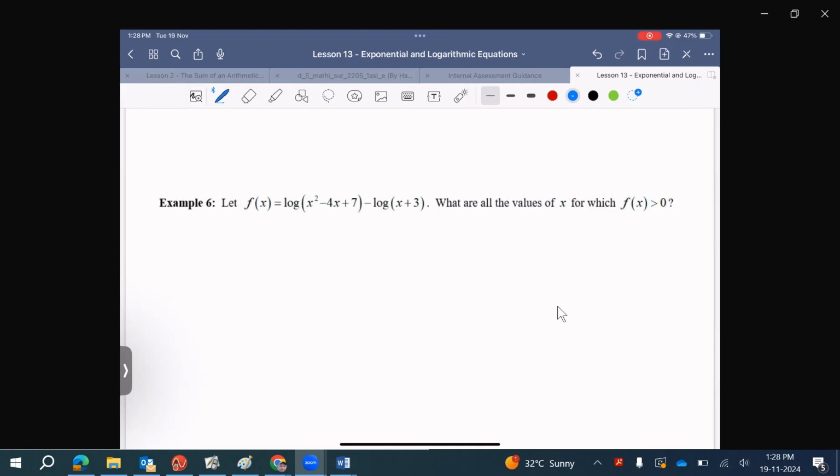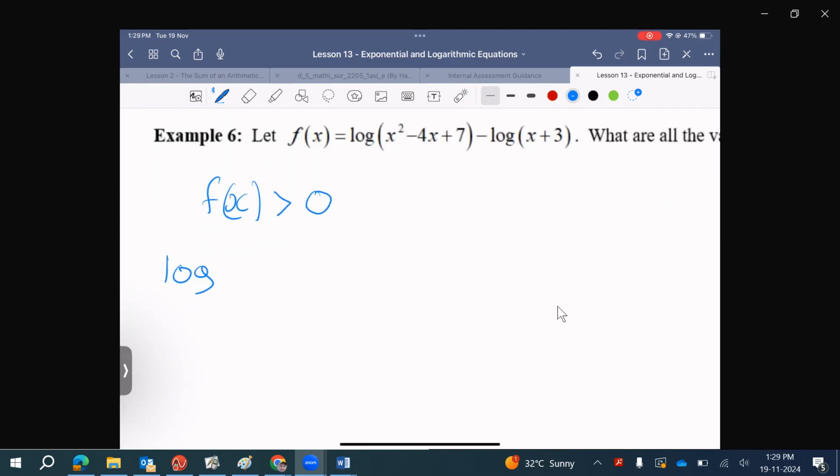If we want f of x to be greater than 0, that means the logarithm of x squared minus 4x plus 7 minus the logarithm of x plus 3 is greater than 0.